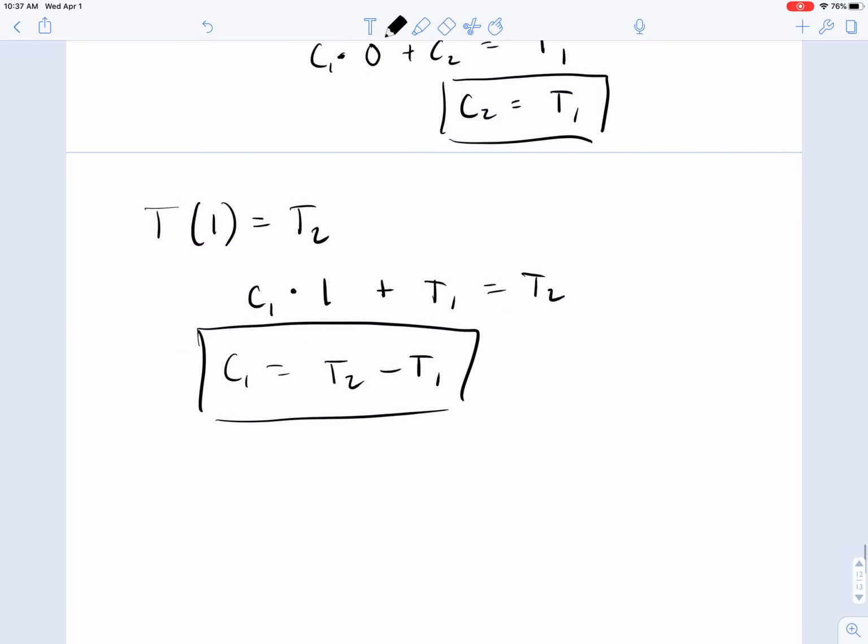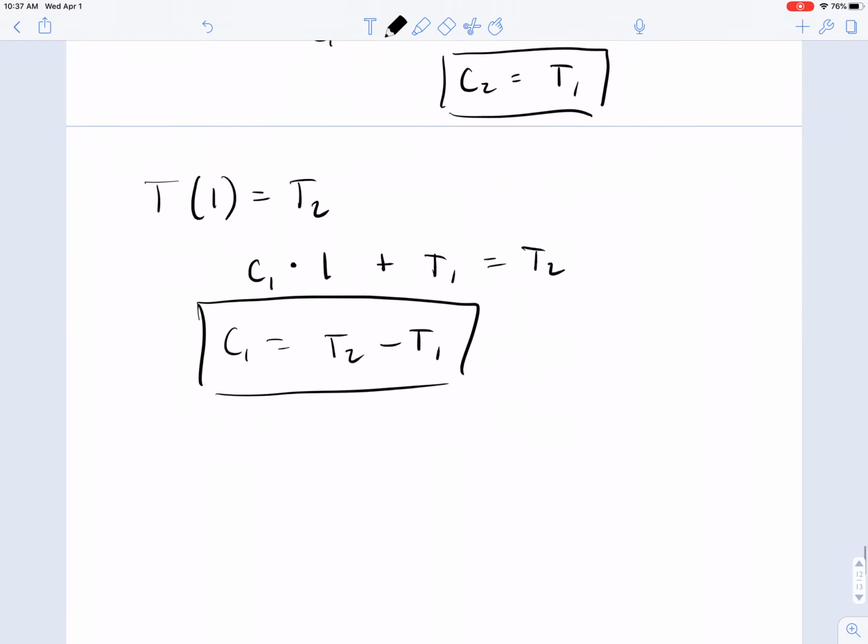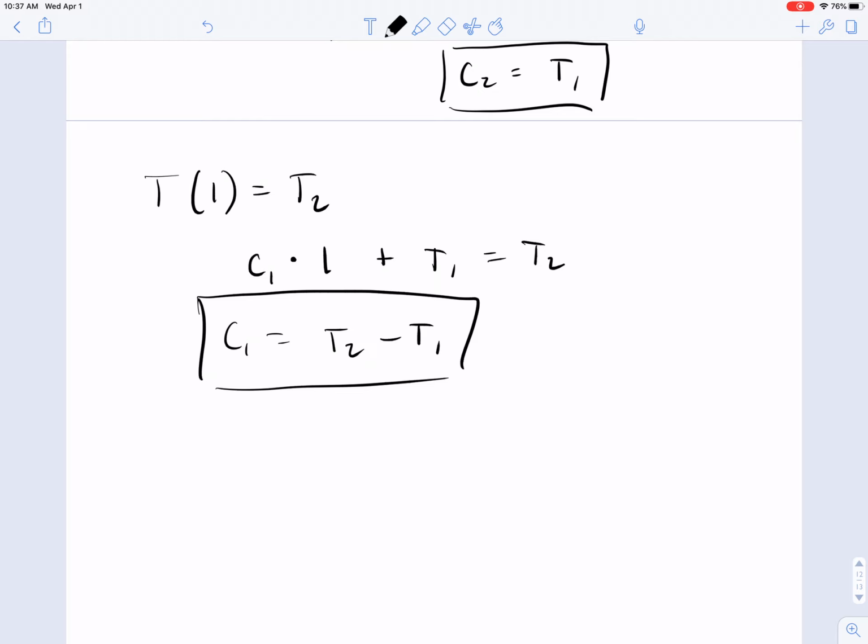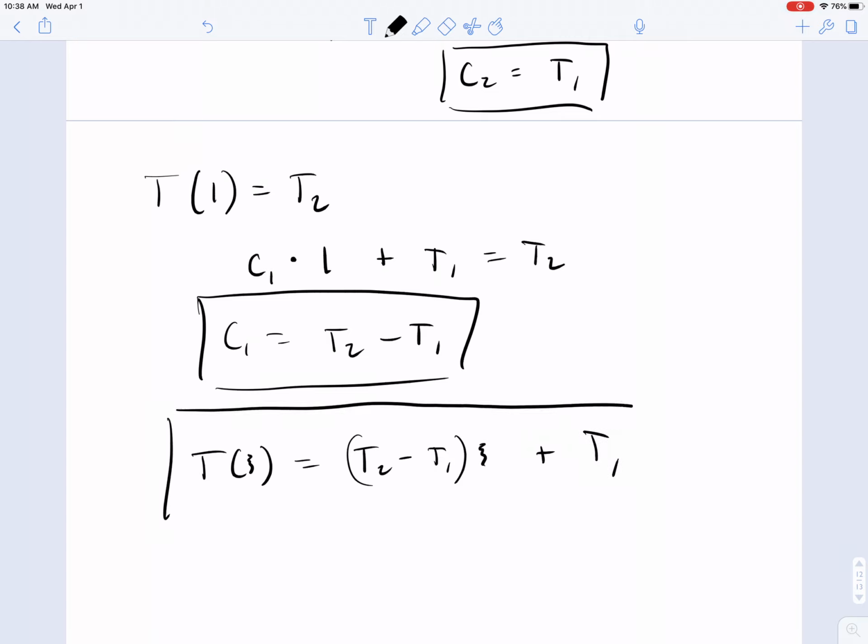Okay? So then we put these two coefficients back in. We have the temperature as a function of position is equal to T2 minus T1 times psi, plus T1. This is our solution in our new dimensionless coordinate.